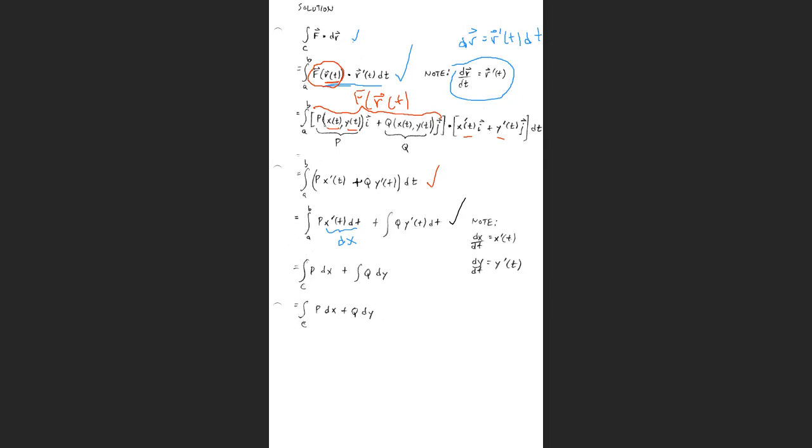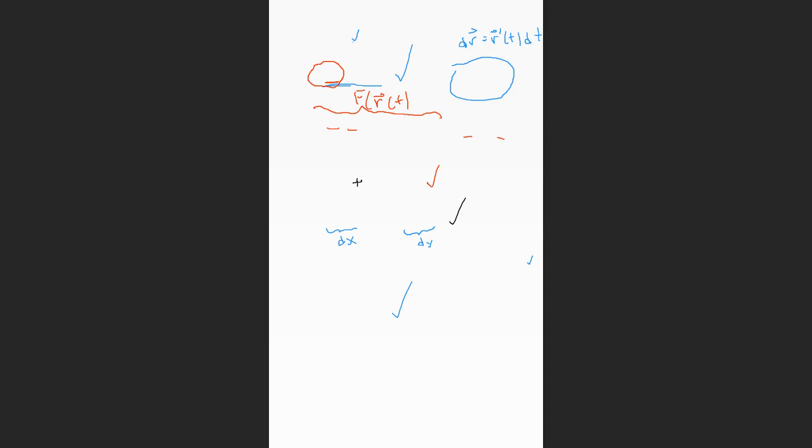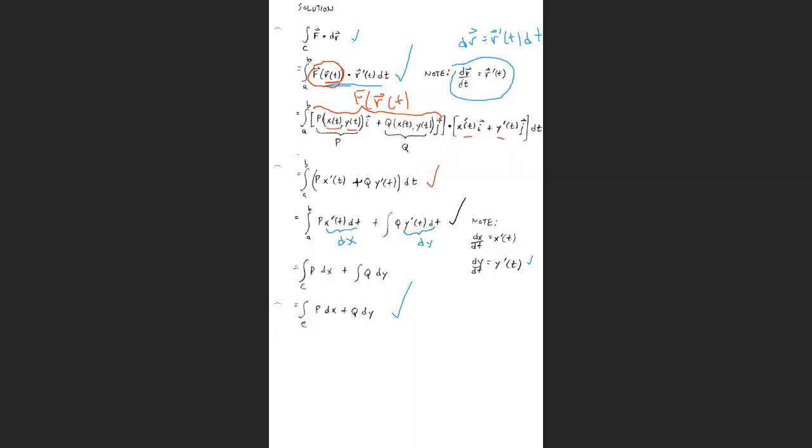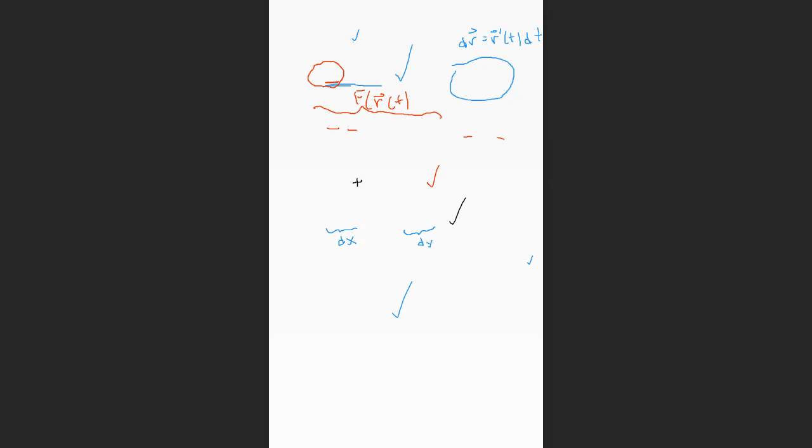And similarly, dy/dt is y prime of t, so y prime of t dt is dy. And so you end up getting that the work is actually equal to the sum of two line integrals, one with respect to x and one with respect to y.